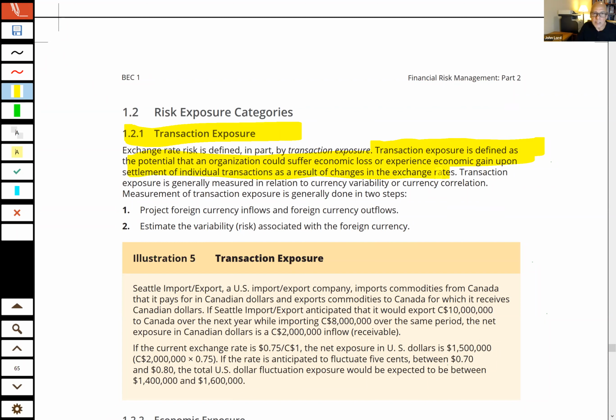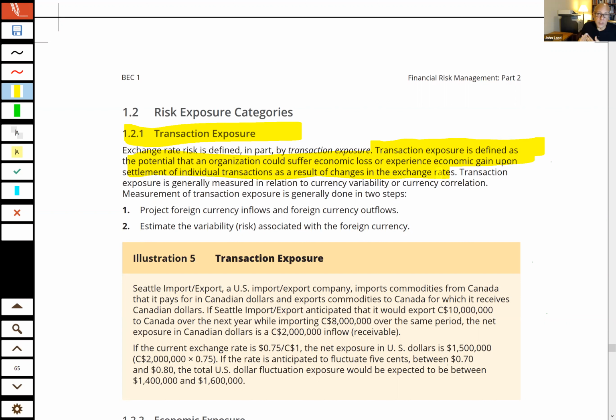So what happens? I buy some supplies from a foreign supplier, and I have to pay in foreign currency, but I'm worried that the exchange rates are going to move during that time, and I might end up paying more in US dollars to settle that transaction when it comes due, say in 30 days or so.